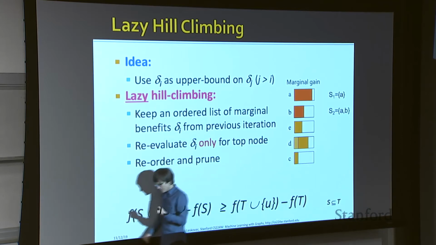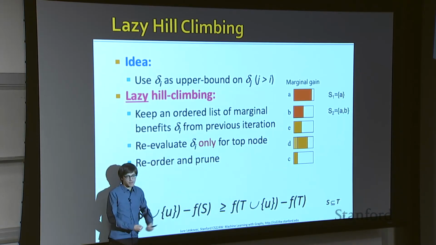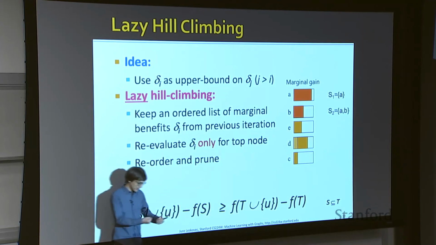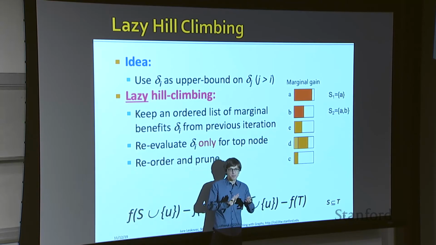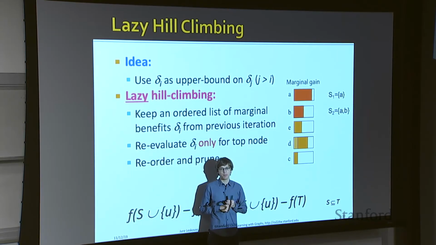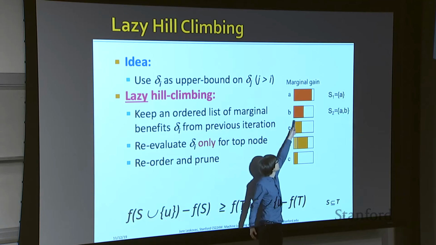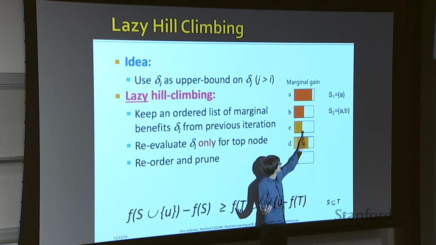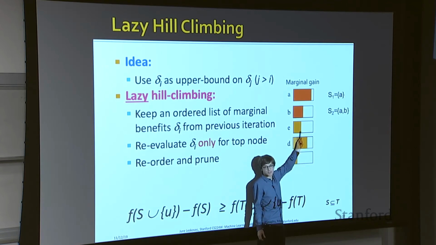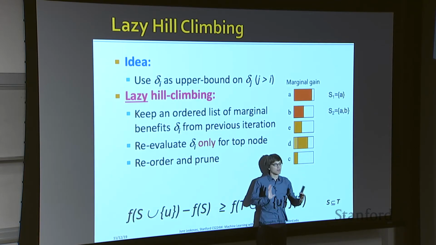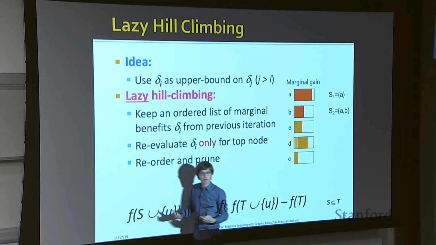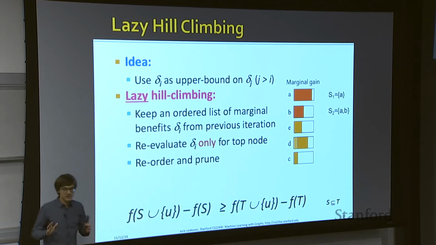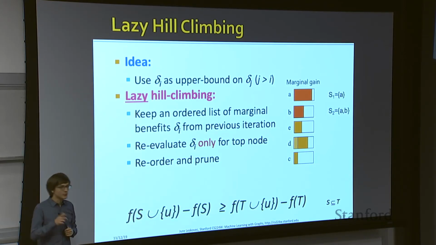Because these deltas serve as the upper bound, the upper estimate of the best case how much this sensor could help. And if I have a sensor whose benefit I have just recomputed, and its benefit is the best possible benefit of the next sensor, I know I have found the one with the biggest benefit, so I can stop. That's the idea. Yeah, good question.